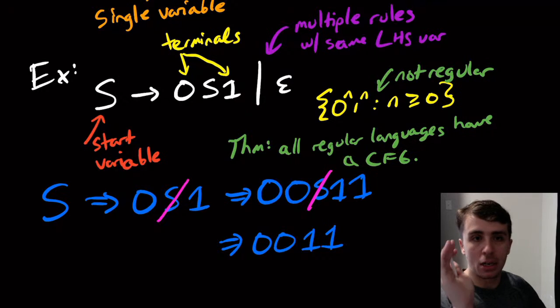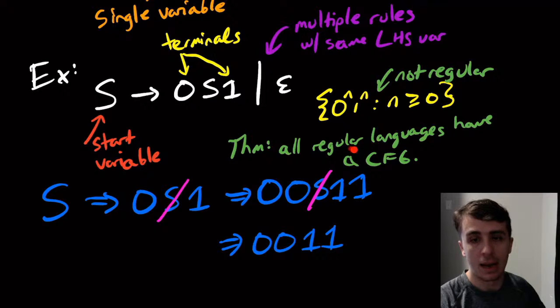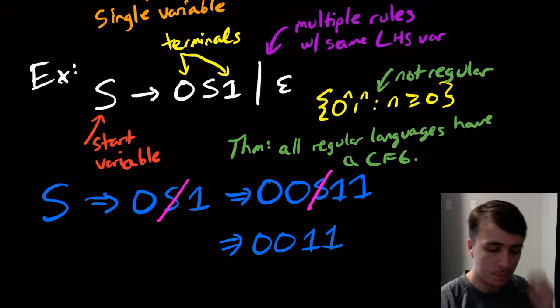Context-free grammar. I'm not going to prove this, and you can find videos on my channel where I actually did prove this, but I'm not going to prove it here. Okay, so all regular languages have a context-free grammar.